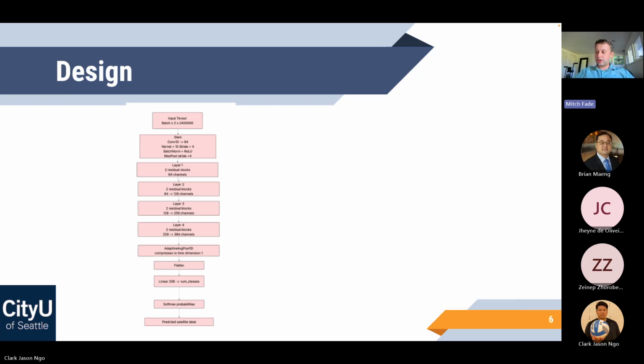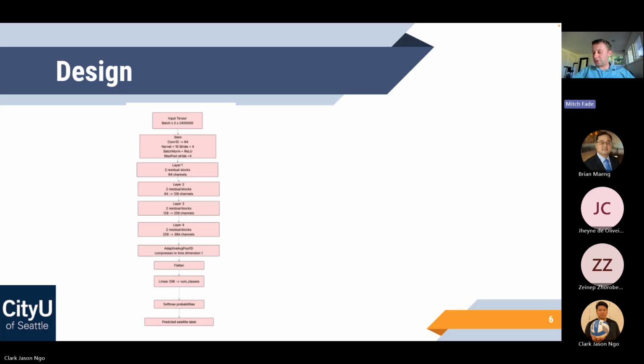For the design of the CNN classifier, I used a fairly generic CNN classifier architecture with input, convolution, activation, batch normalization, pooling, dropout, residual blocks, flatten layer, dense layer, and a final output layer that uses a softmax function to determine the most likely label.